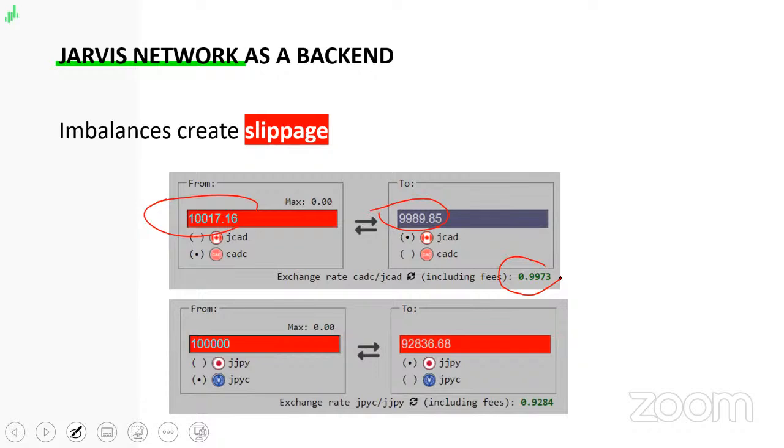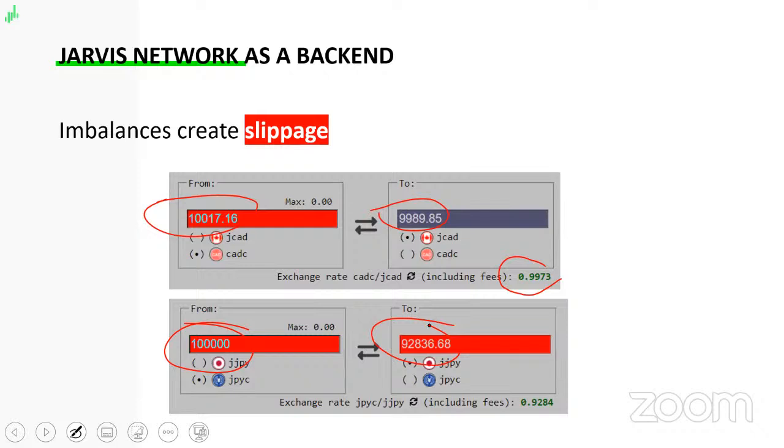It's 9,973. Same for GPYC. If you sell 100,000 of GPYC, you won't get more GJPY. You will actually get way less, almost 8% less. So of course, no one will trade this way. I mean, who in their right mind will sell X dollars of value of something to get way less?